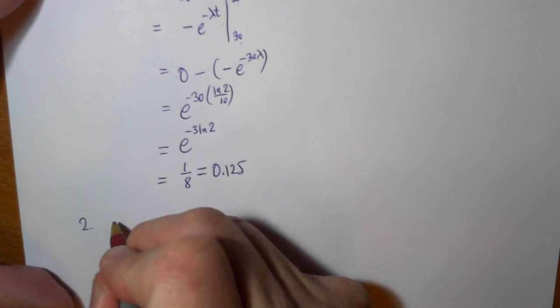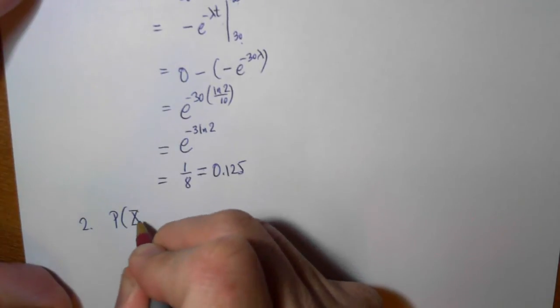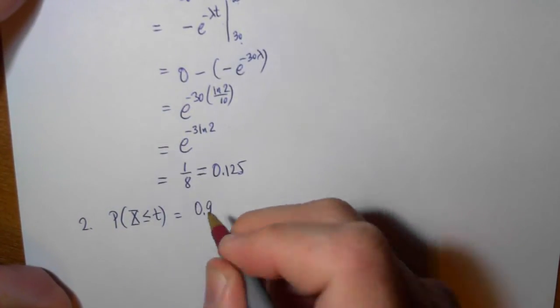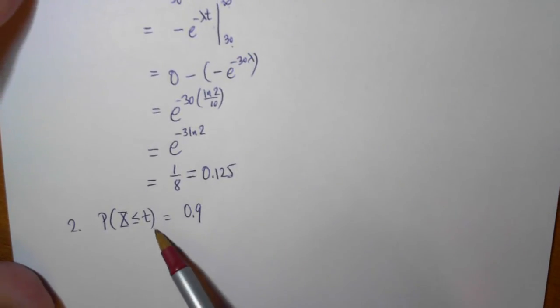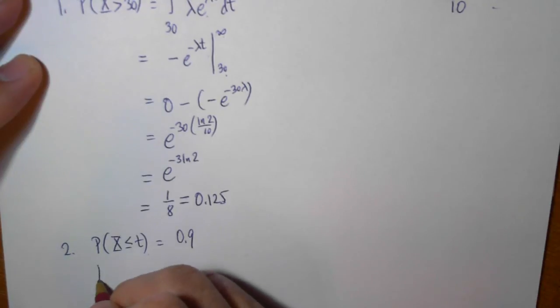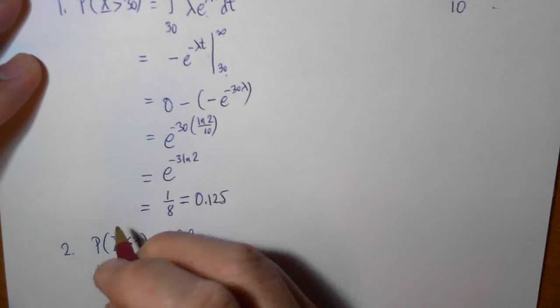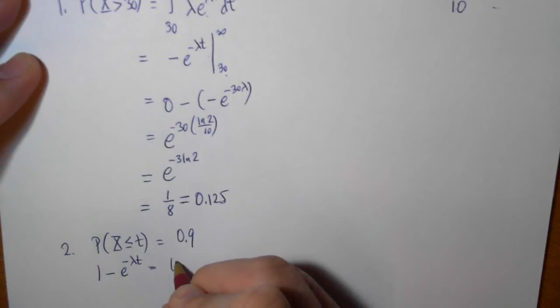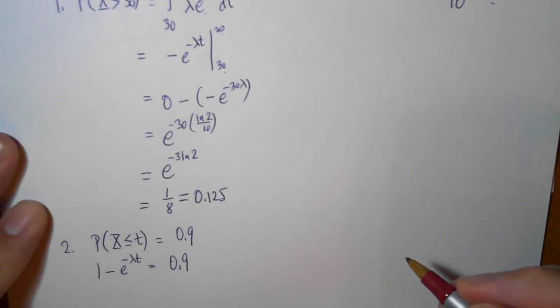Okay, so for part 2, we want the probability that x is less than or equal to t to be equal to 0.9. Now I can integrate again, just like I did over here, or I can use the fact that I already know what the CDF of an exponential distribution is. It is 1 minus e to the negative lambda t, and I want that to be equal to 0.9.